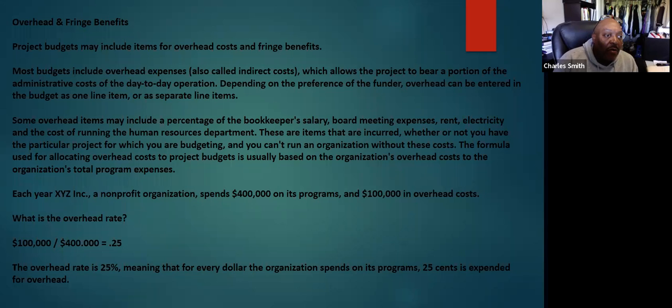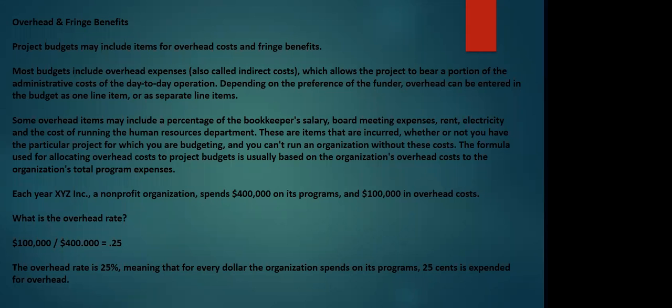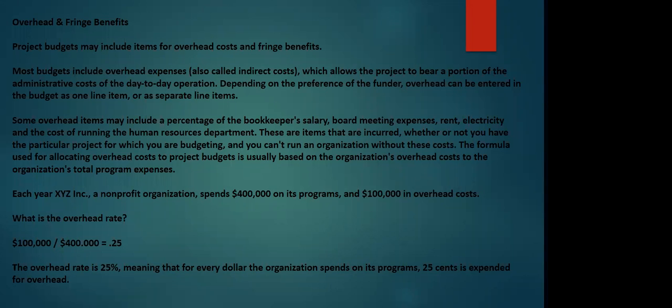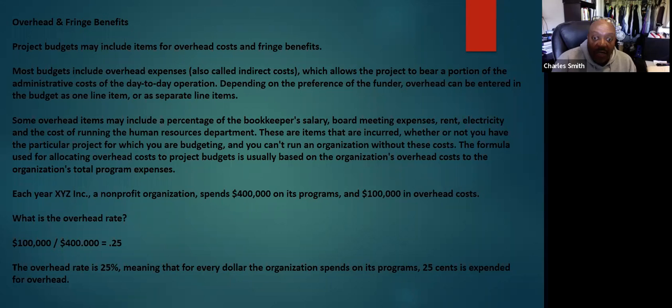Project budgets may include items for overhead costs and fringe benefits. Now, read the next paragraph. Most budgets include overhead expenses, also called indirect costs, which allow the project to bear a portion of the administrative costs of the day-to-day operation.